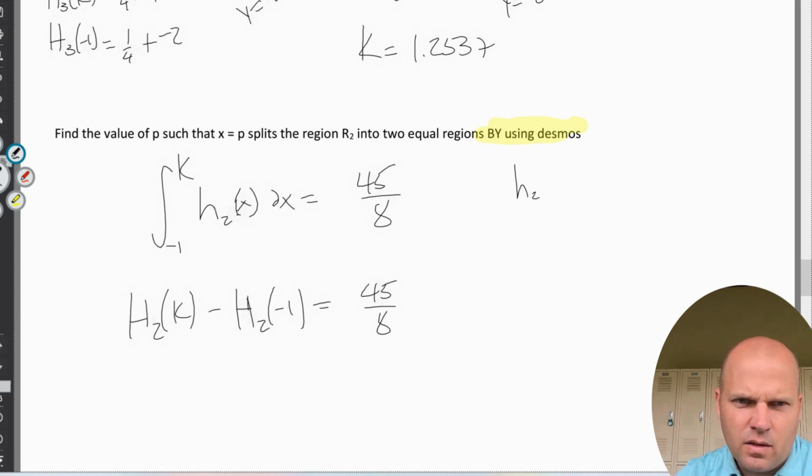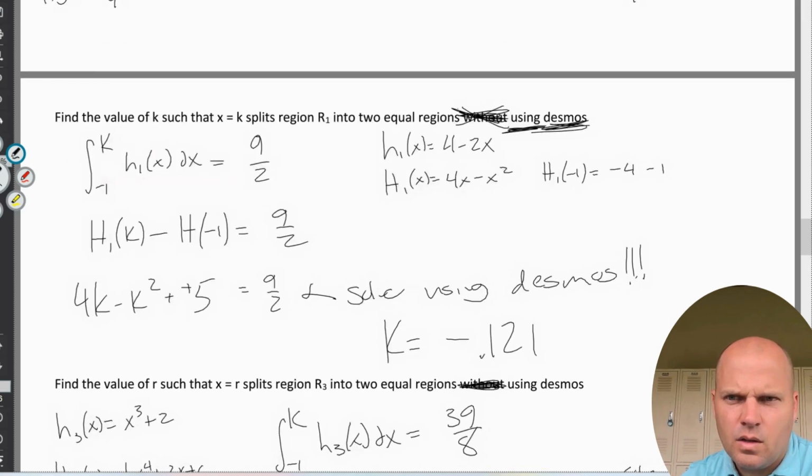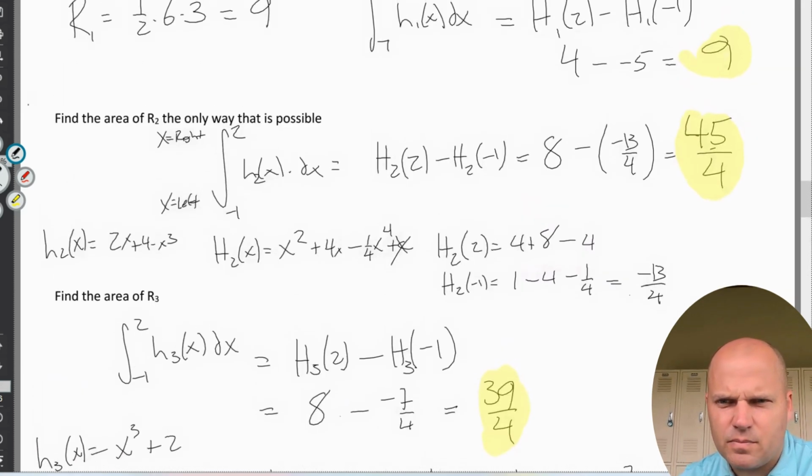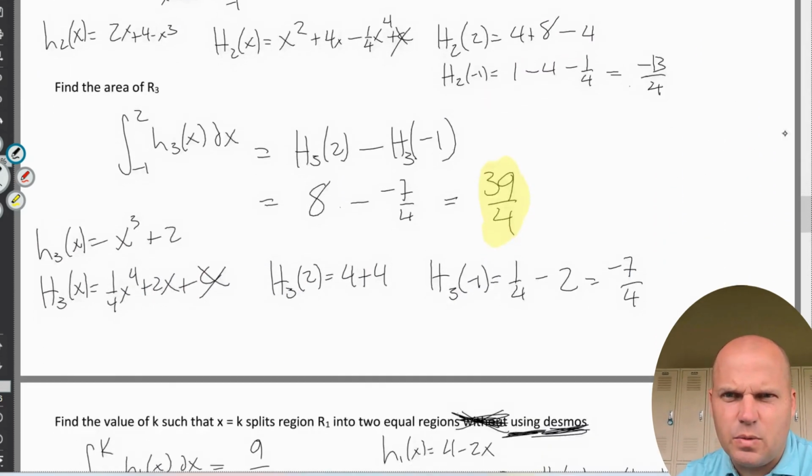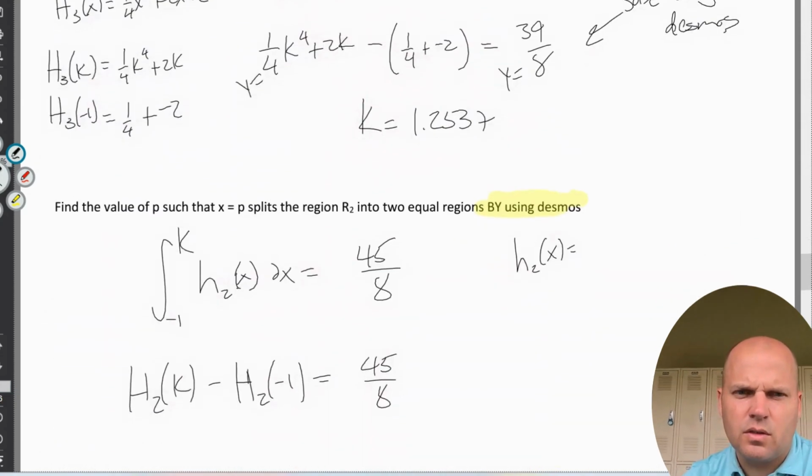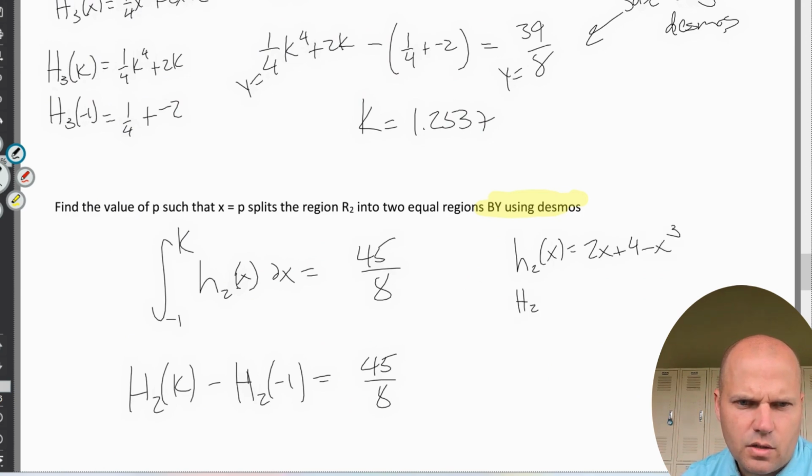And regular H was top minus bottom, 2x plus 4 minus x cubed. Super H, x squared plus 4x minus 1/4 x to the fourth.